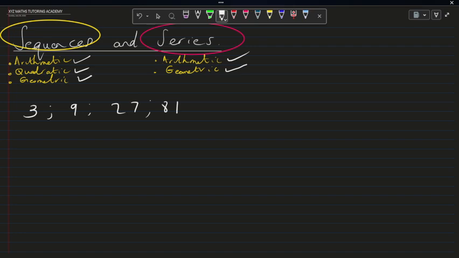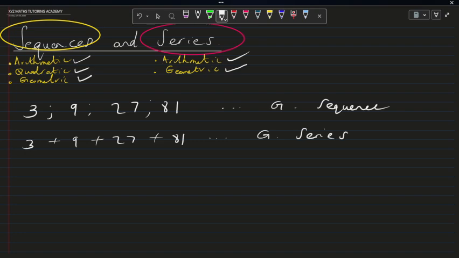Okay, so if I convert this into a geometric series, it will be like this. This is a geometric sequence, and this is a geometric series.